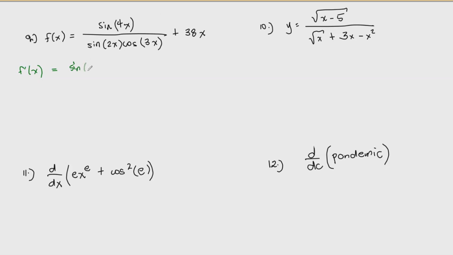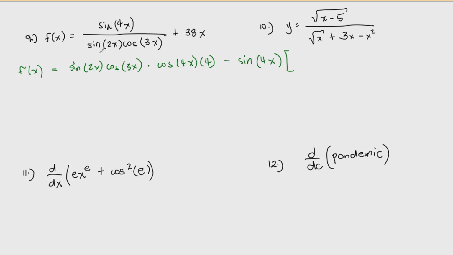So we copy the denominator and then find the derivative of our numerator, so we get cosine of 4x and then multiply it with 4, since this is a chain rule already, and then subtract it with our numerator multiplied with the derivative of our denominator.